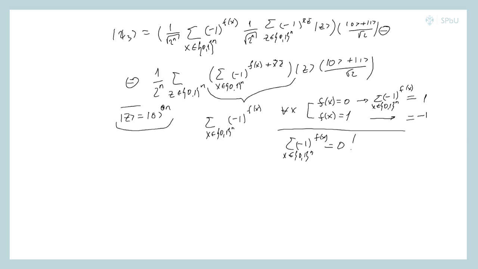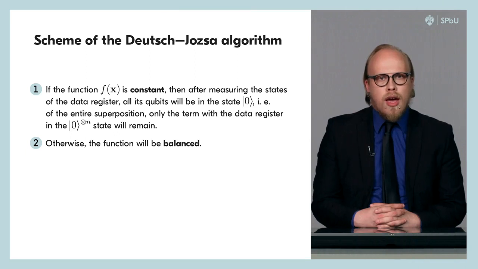So the probability of measuring the string of n zeros will not be equal to 1. Thus, if the function f is constant, then when measuring the states of the data register, all its qubits will be in the state 0. Otherwise, the function will be balanced. That's all. Thanks for your attention.